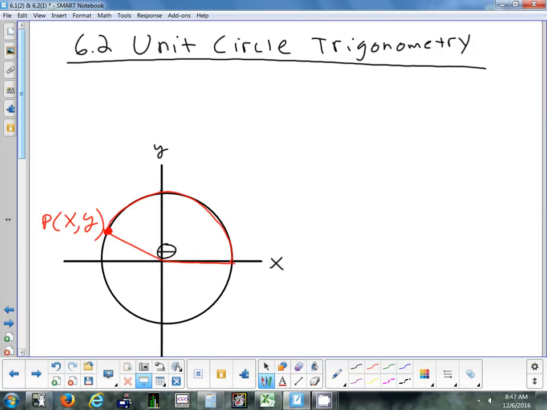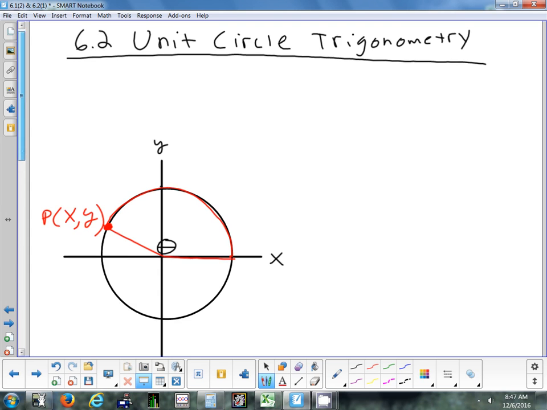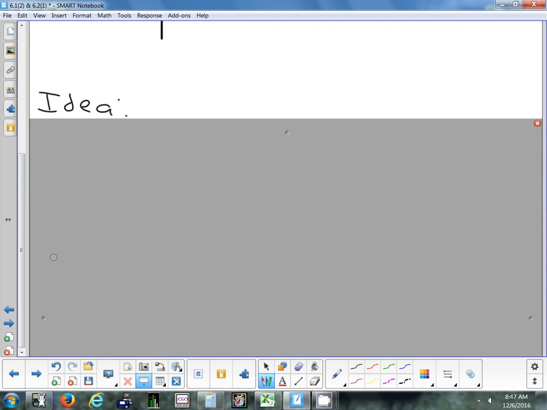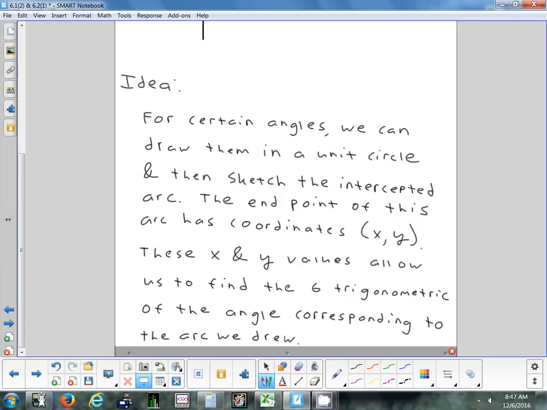Find the coordinates for where the end point hits the circumference of the circle. That's basically what I wrote right there. For certain angles, you can draw them in a unit circle, sketch it, and then find where the end point hits the circumference of the circle.